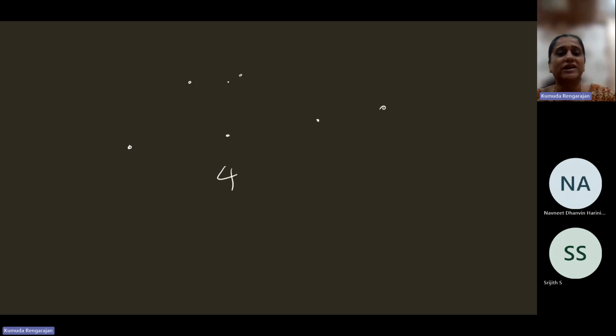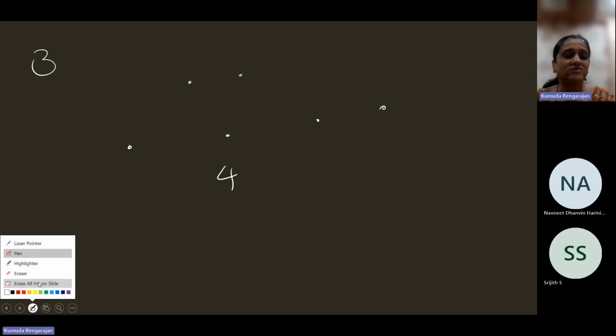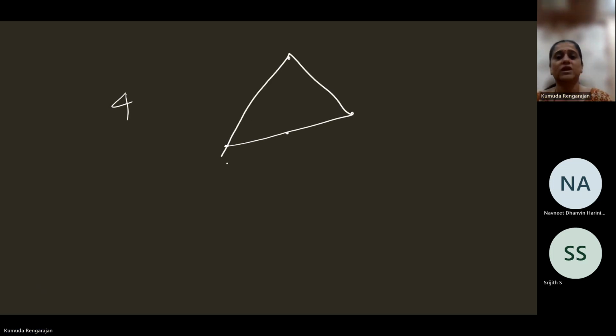With 3 points, you cannot get a quadrilateral. If 3 points are collinear, no quadrilateral is formed. That's the definition.